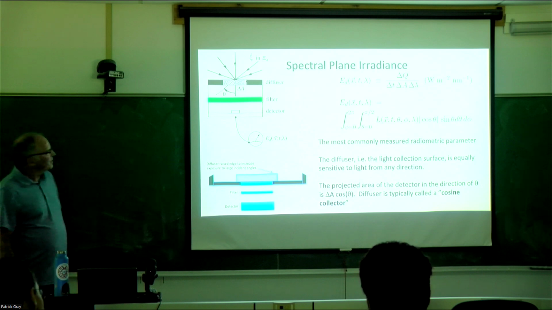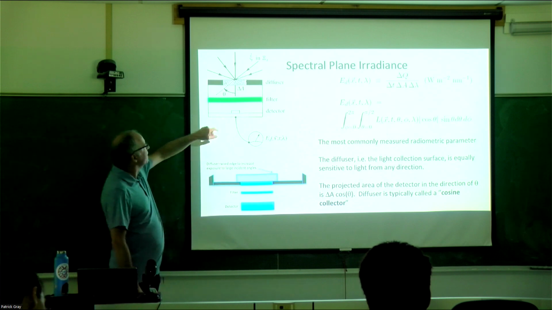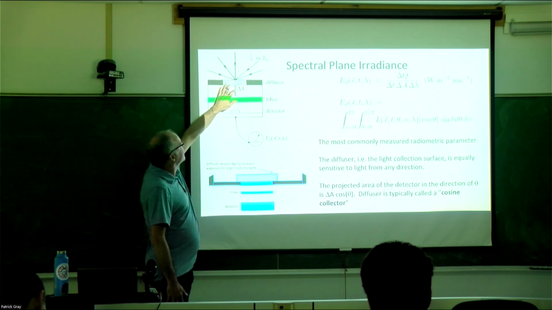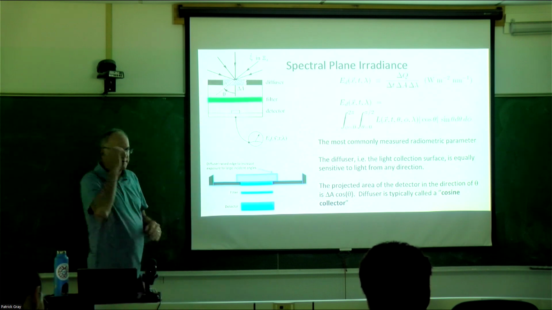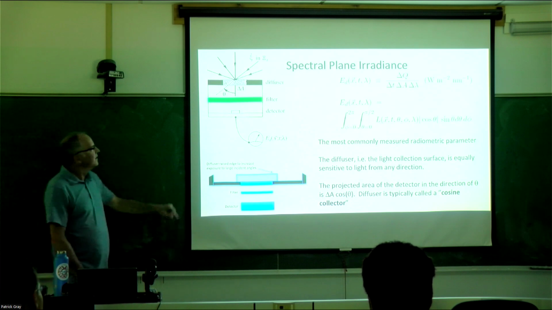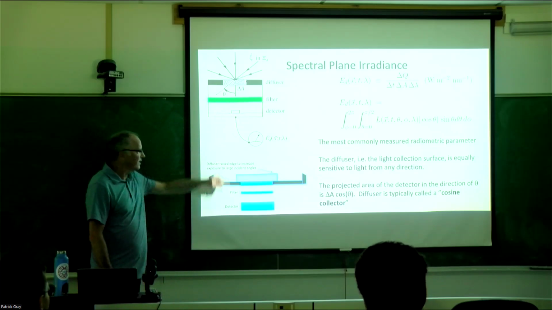How do we measure it in reality? Here's the setup. There's two different versions here. What we have here is the top of the surface, and then what's called a diffuser to make sure the light coming in is diffuse. That can go through a series of filters and then hit a detector.